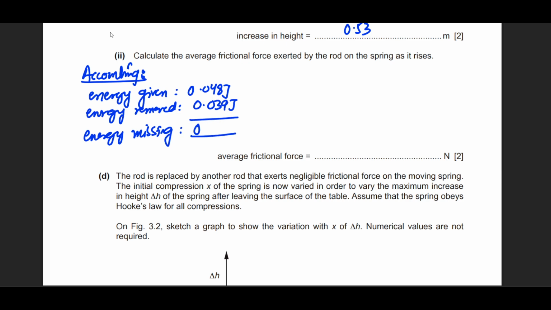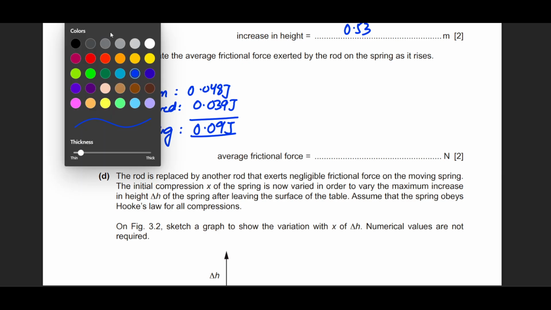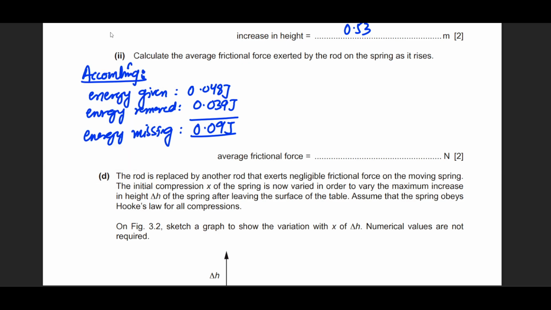So when you take the difference, you realize it's going to come out as 0.09 joules. So 0.09 joules appears to be missing in thin air. So we can say that the work done for the frictional forces, or the energy used by friction forces, is 0.09 joules.